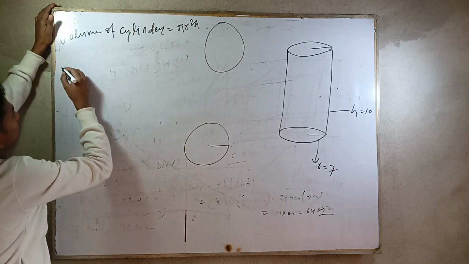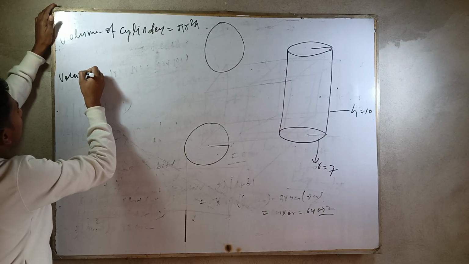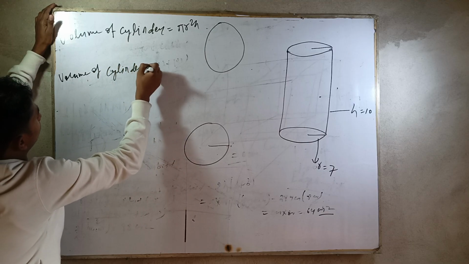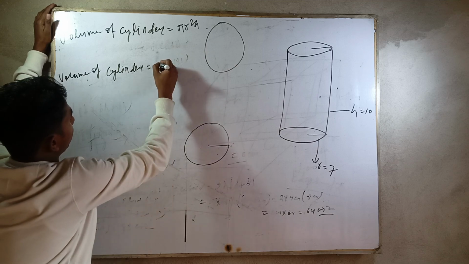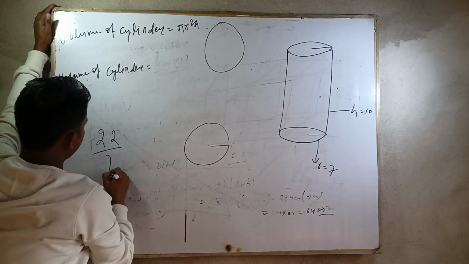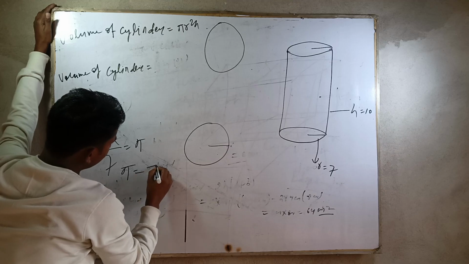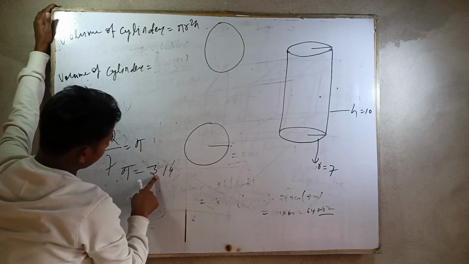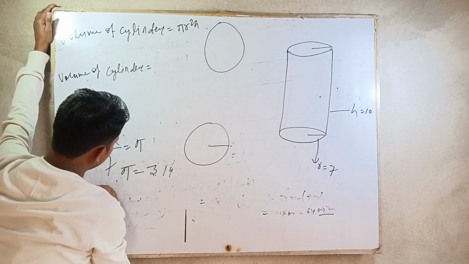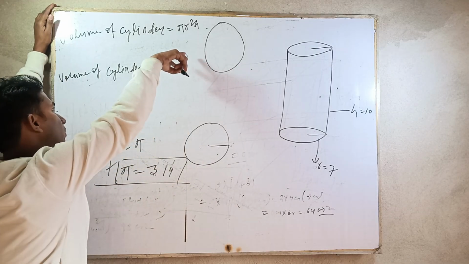So suppose I put the values: volume of cylinder is equal to pi r square h. Pi is always 22 by 7. Sometimes the pi value is also given as 3.14. If the question says you have to take that value, then I will put that value of pi instead.